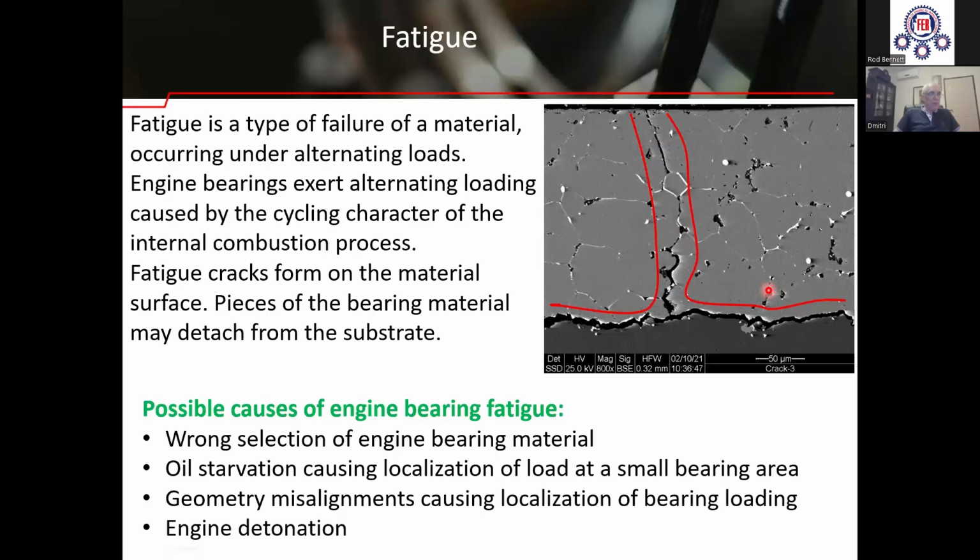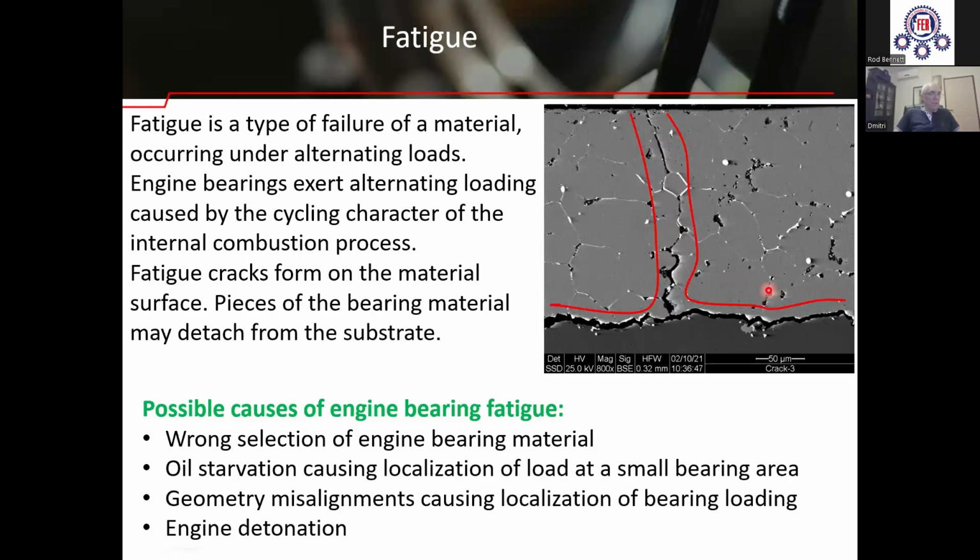If, for example, the engine is a diesel engine with turbocharging, and we select for this engine the upper part of the rod bearing made of steel-aluminum material, this material will fatigue because the actual loads acting on the connecting rod bearings, upper part of the connecting rod bearings, may reach 100 or even 120 megapascal, and the fatigue strength of the aluminum bearings is only 40 megapascal, so it will definitely fatigue.